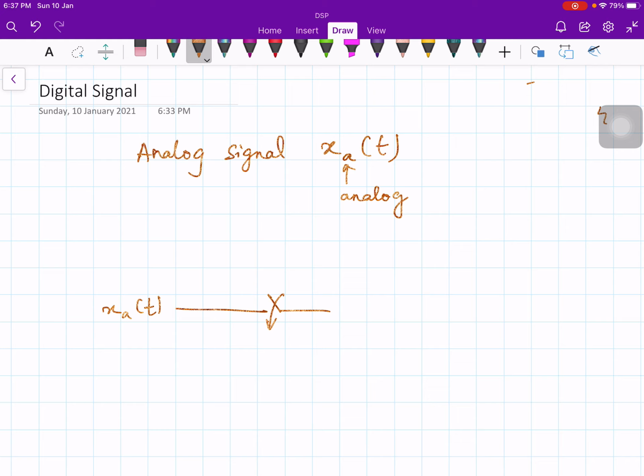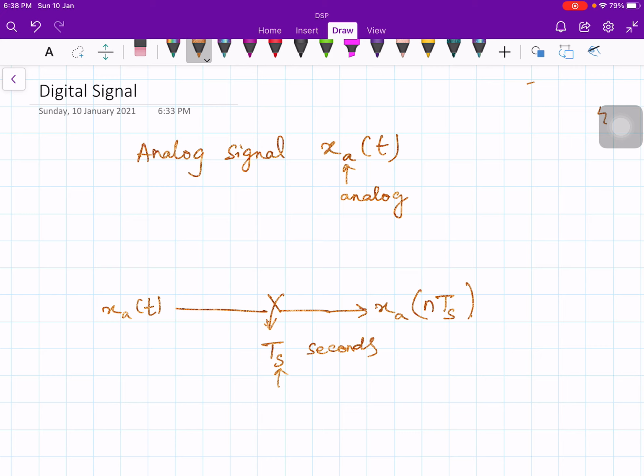Okay, so after the sampling you get a signal which is called x suffix a of nT suffix s. So the switch closes periodically with the interval of T suffix s seconds.